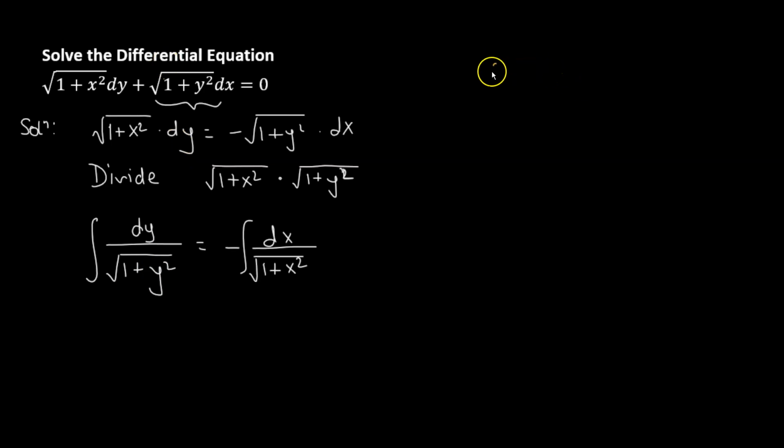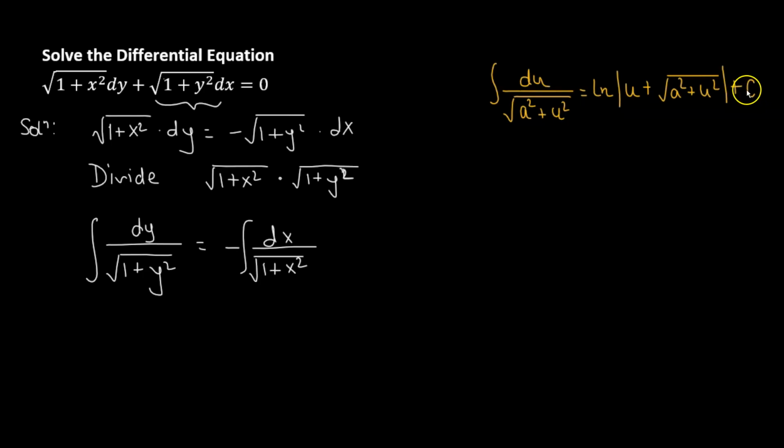So we have the integration of du divided by square root of a squared plus u squared, which equals the natural log of u plus square root of a squared plus u squared, plus the constant of integration c.